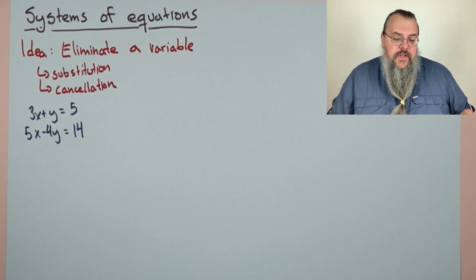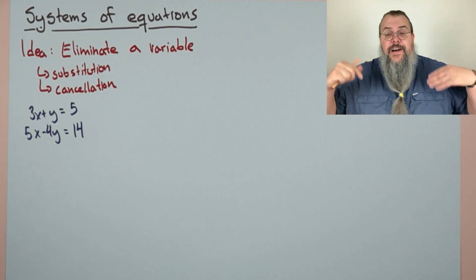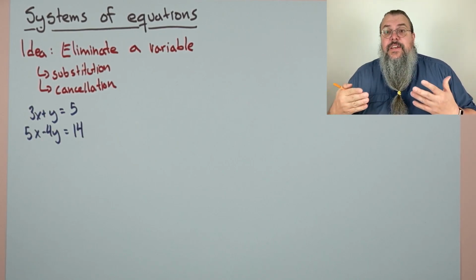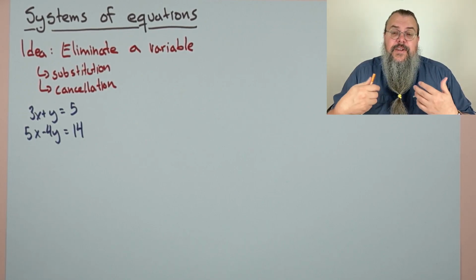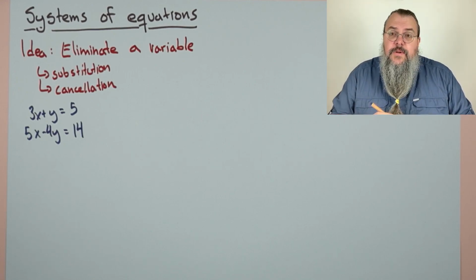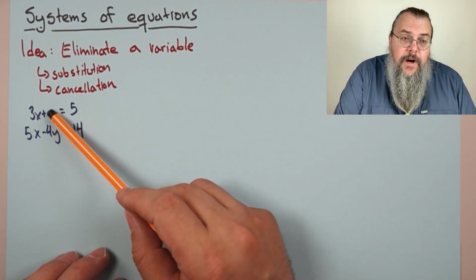Well, we want to cancel either the x's or the y's. Now, there's not an automatic do this, do that. My suggestion is to look for things which are simple. Oftentimes there's one that is really close, and that's easier to work with. In our case, I see that the y here is a 1y.